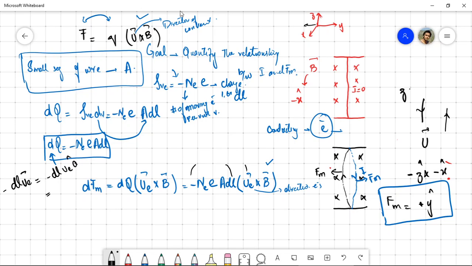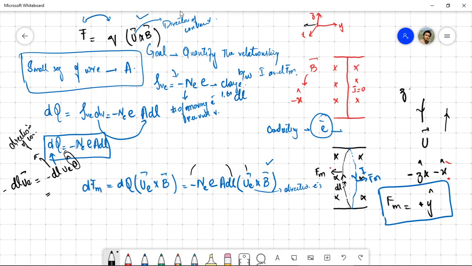We know that dl is in the direction of conventional current. As you know, this current was flowing through this wire, we took a little segment of it, and dl will always be in the direction of current. So in order to change this dl into its vector form, we need a direction which is opposite to the direction of ue. This a hat depicts the direction of velocity.